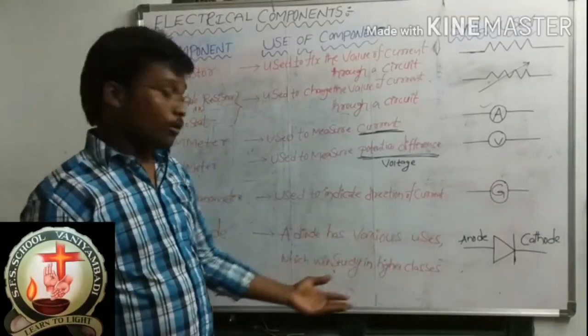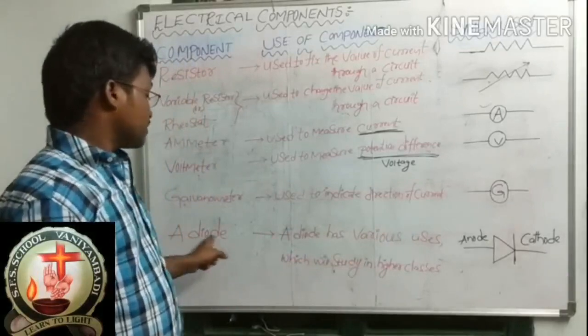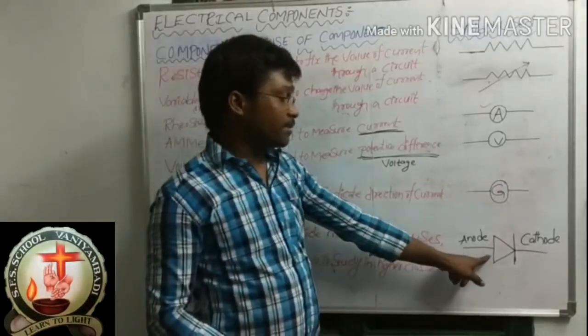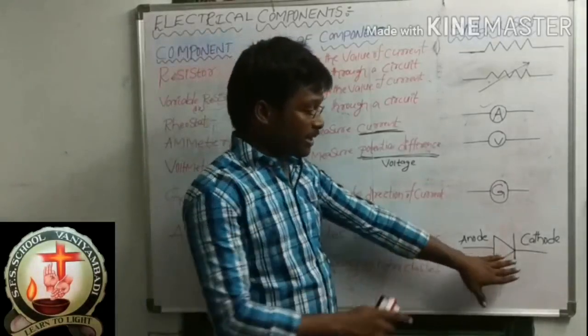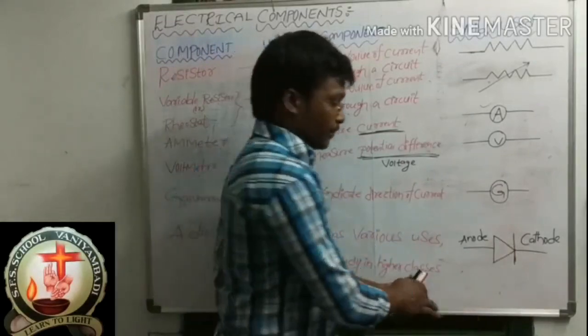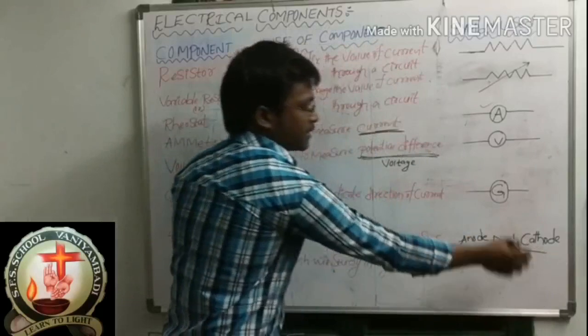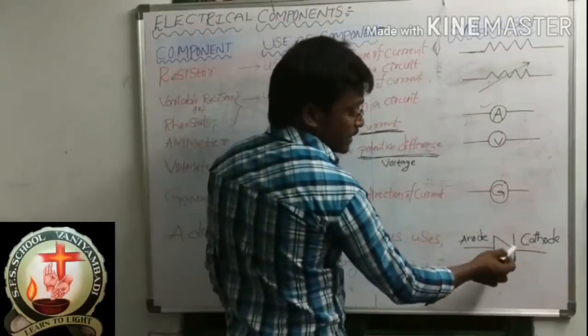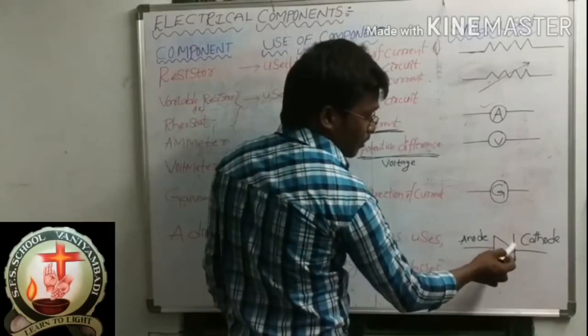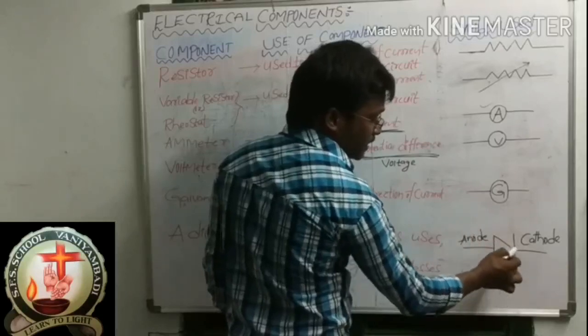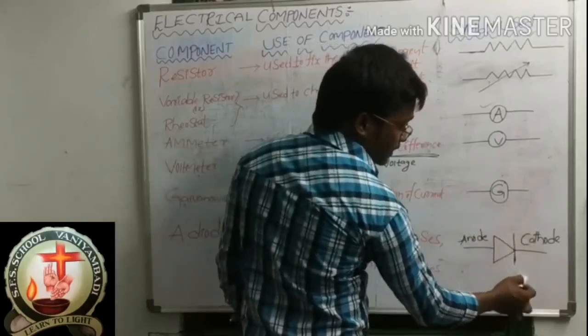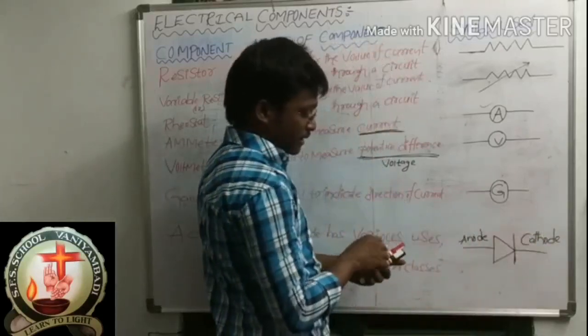Okay. The symbol of the diode is this one. This is the symbol, and this one is the anode and this one is the cathode. I will write, see.